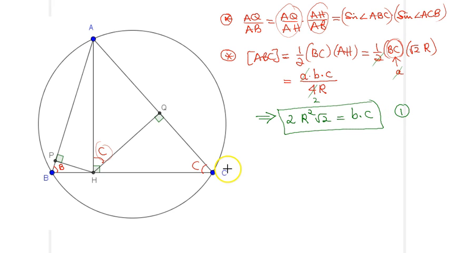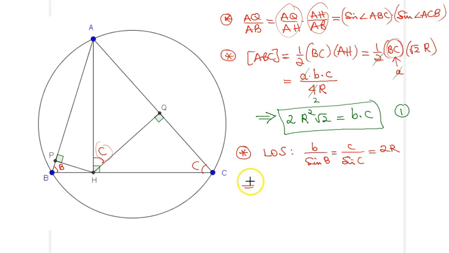Now, second of all, we can apply the law of sines on our triangle. Applying the extended law of sines, I know that B over sine B is equal to C over sine C, which is equal to 2R.